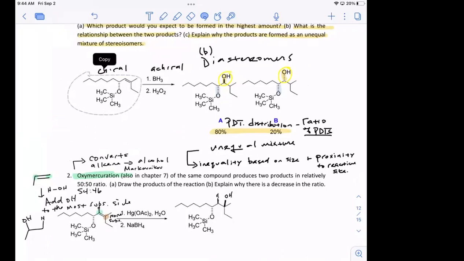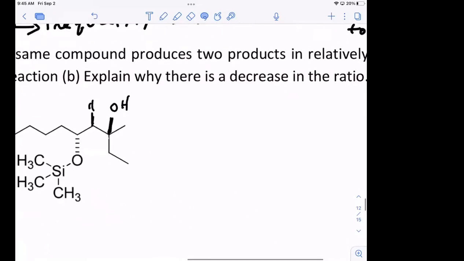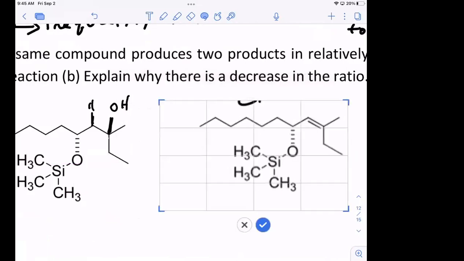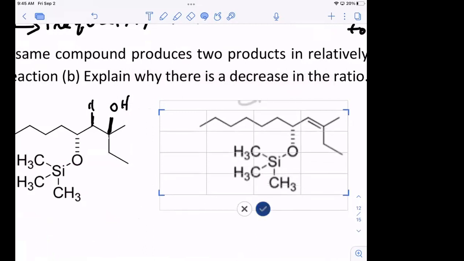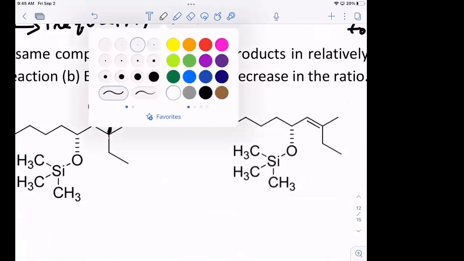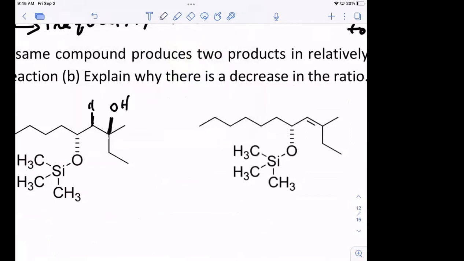What should the other product look like? Anybody? The other product should have the OH going in with the opposite configuration. Is that right?